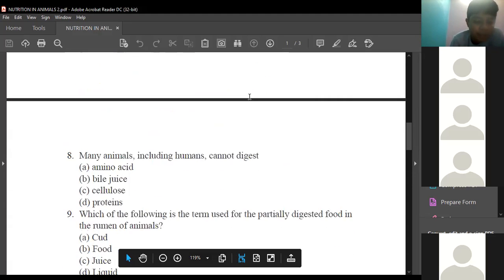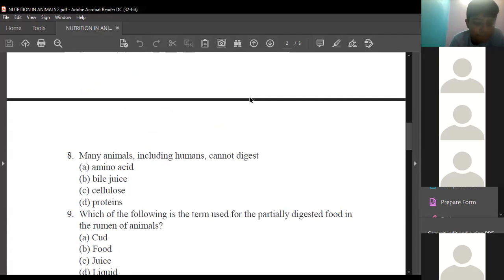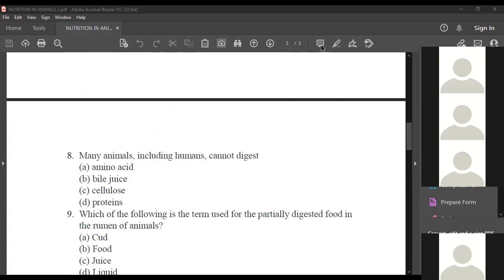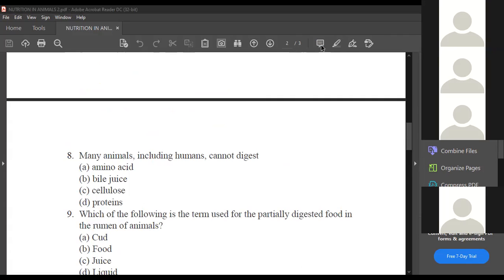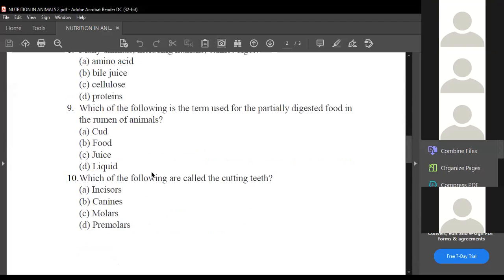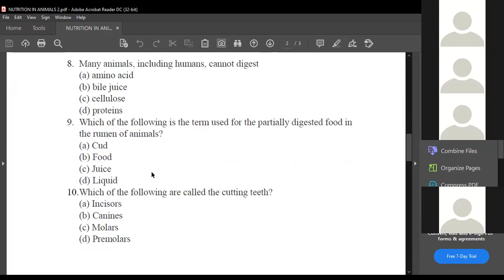The next question: many animals, including humans, cannot digest what? The answer is cellulose.